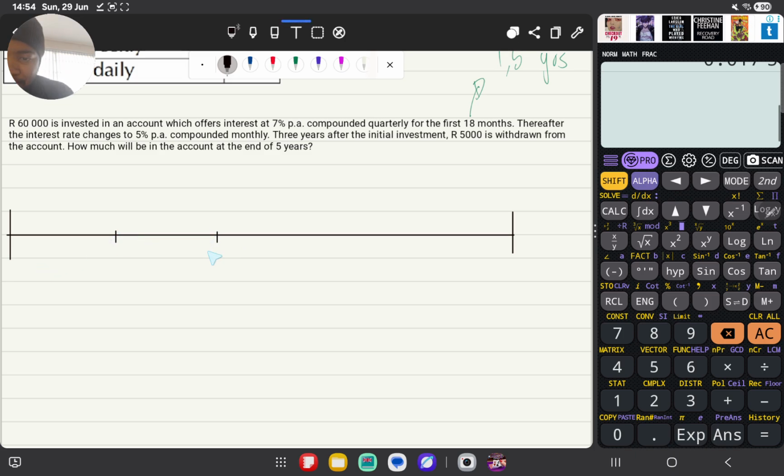One, 2, 3, 4, 5. Yes. So then I will say this is T0 initial, and then this will be T5. Here we have T1, T2, T3, T4. I'm just saying time 0, time 1, time 2.